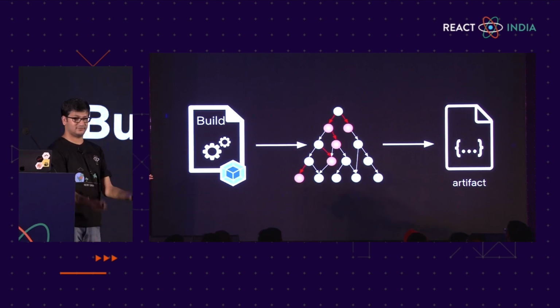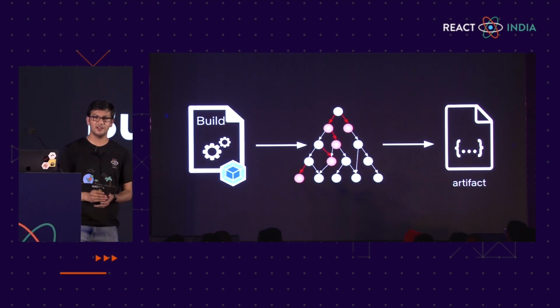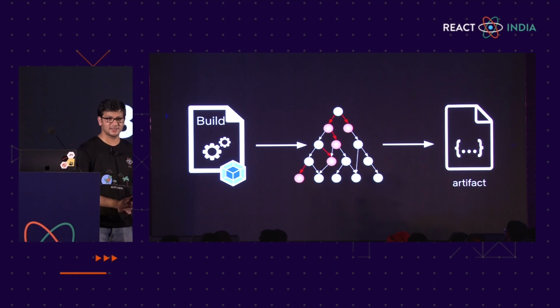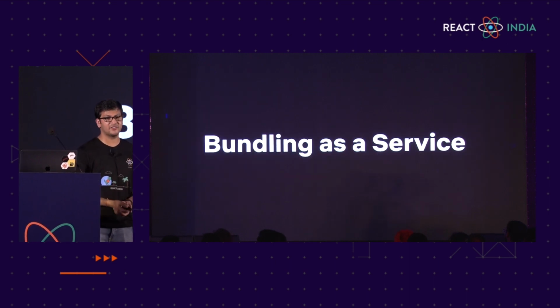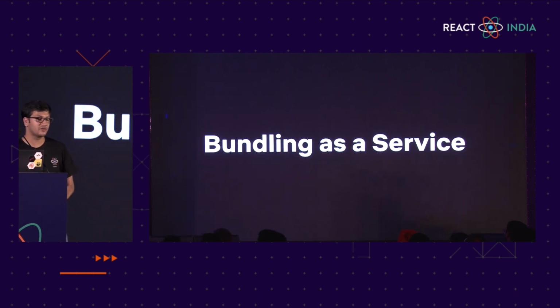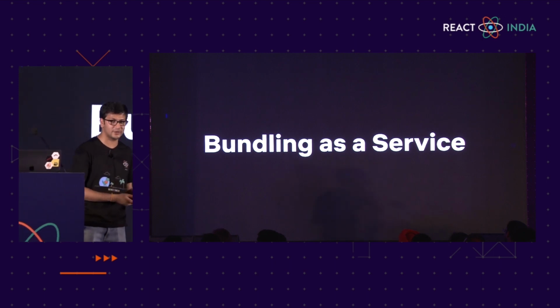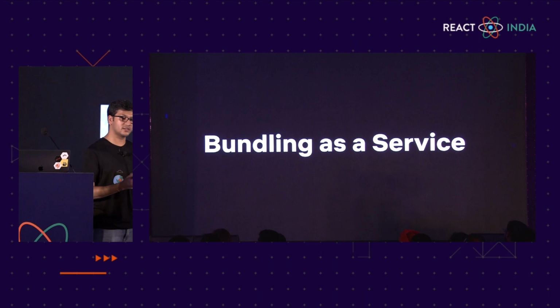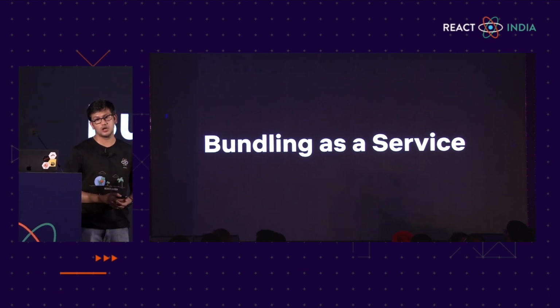So having said that, we know our build process is done. We have an artifact file. But now comes the most important part, which is bundling as a service. So now we have the artifact file. Now we also need to make sure we have the system to serve the right packages, right? So at Netflix, our service which actually does this is called Codex.